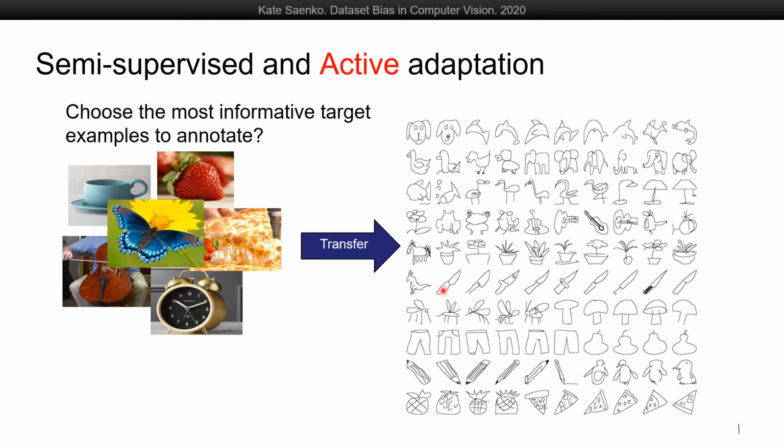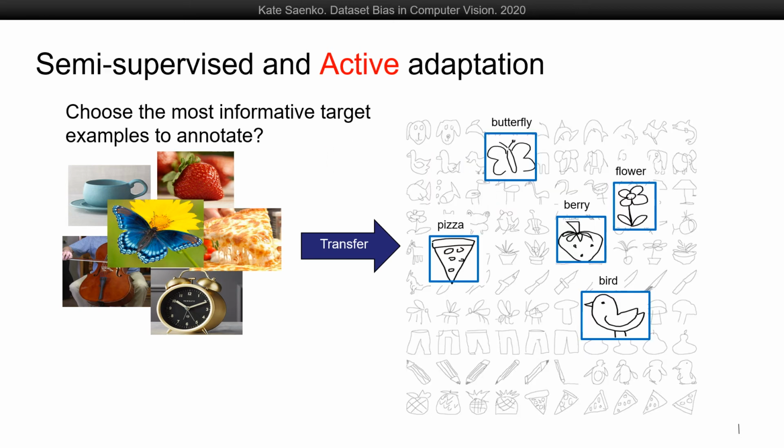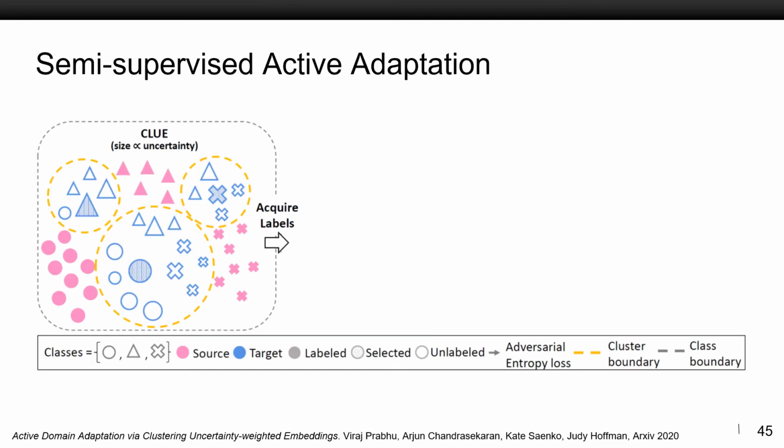Or, in fact, can we use active adaptation, which means that rather than randomly choosing examples for the user to annotate, we're going to choose the most informative target examples for the user to annotate. So we're going to combine these two ideas of adaptation and active learning. And hopefully this gives us better results, and in fact that's what we're seeing.